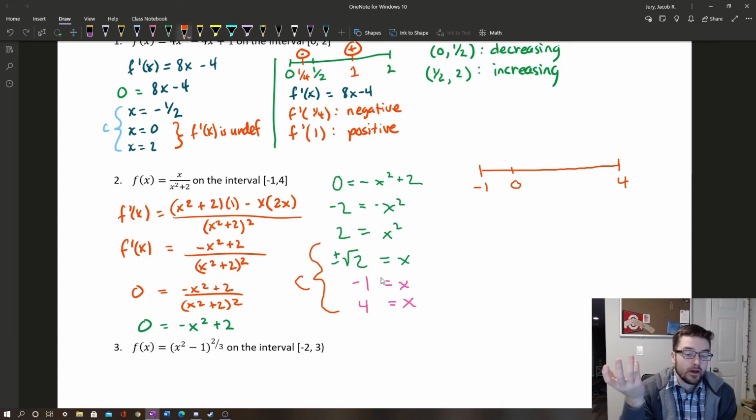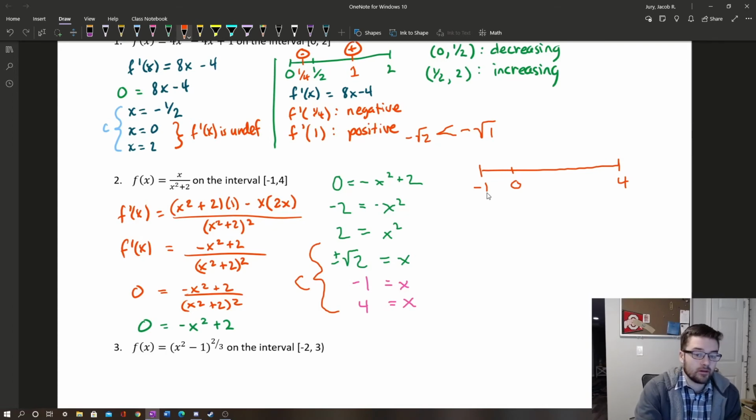We already know that positive radical 1 is 1, so that must mean that negative radical 1 is greater than negative radical 2. So that means negative radical 2 is outside our interval, so we no longer have that to consider.